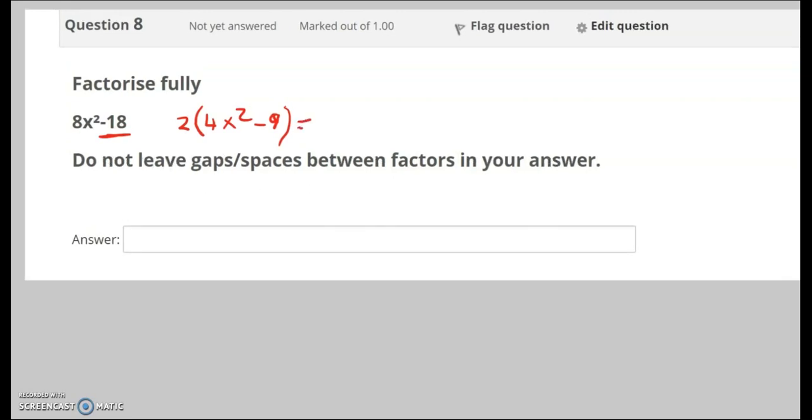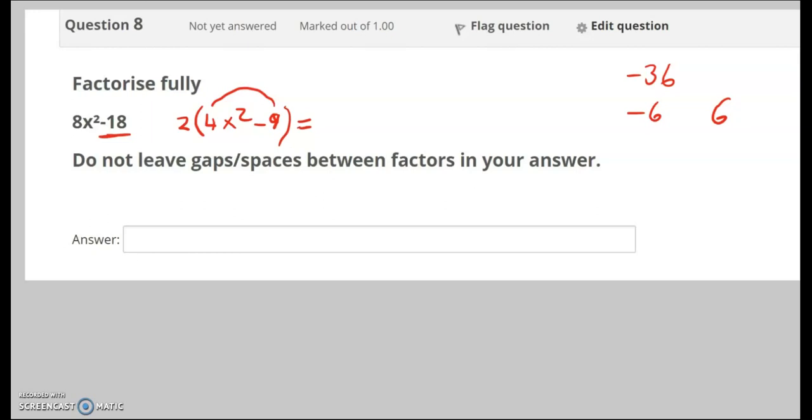So if I use the method that I used previously, I can multiply minus 9 with 4, which is going to give us minus 36. And 2 factors that would give us minus 36 would be minus 6 and 6. And this is exactly what we're interested in this case, because minus 6 plus 6 would give us 0, and we haven't got a term in between the x squared and minus 9.